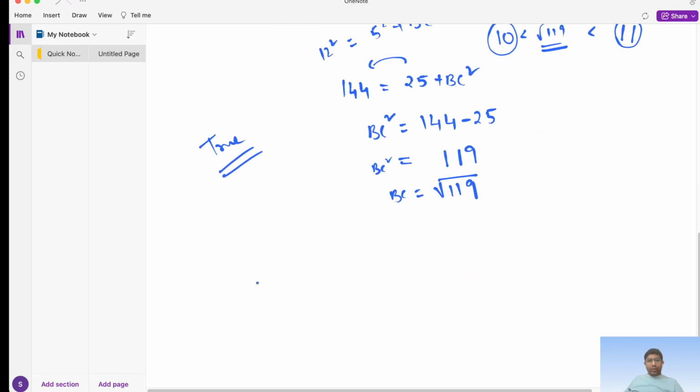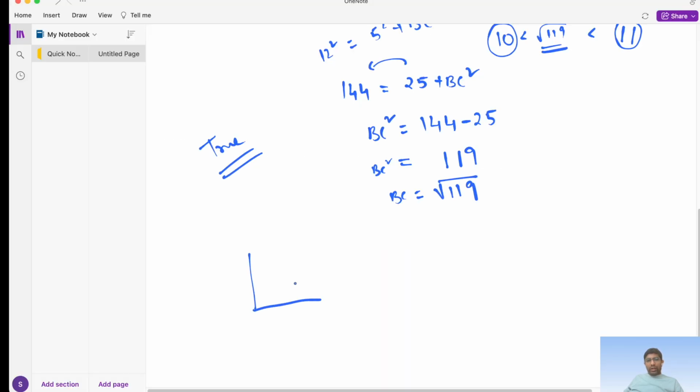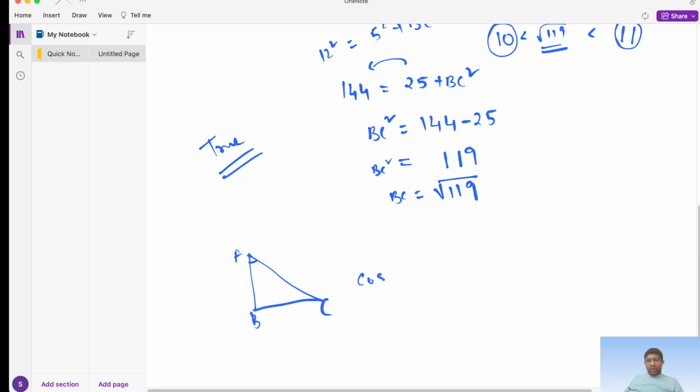Next, let's check: cos A is the abbreviation used for cosecant of angle A. No, cosecant is different from cosine. In triangle ABC, cos A is nothing but cosine, which is the adjacent side of angle A by hypotenuse.